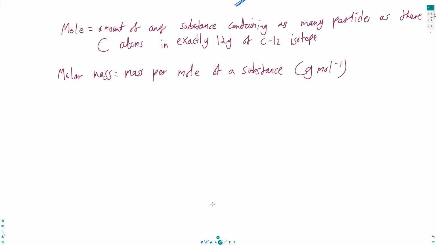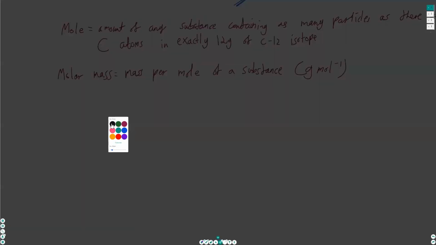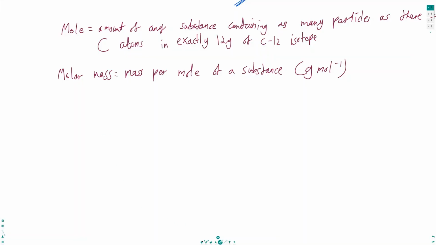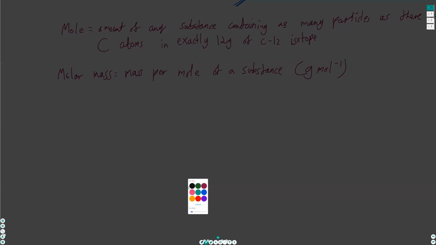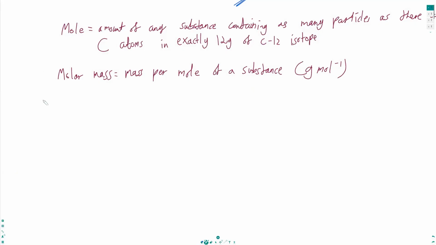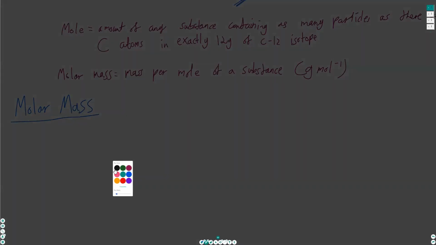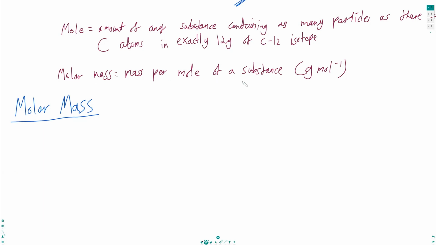Anyway, now we're going to look at molar mass and how we can calculate it. We know that our definition of molar mass is the mass per mole of a substance.